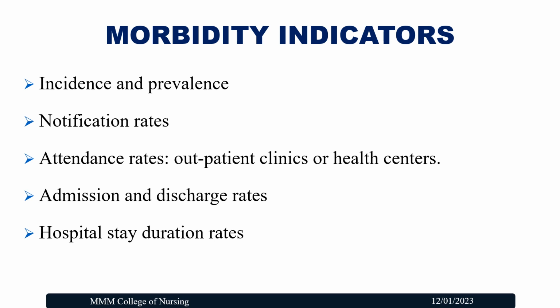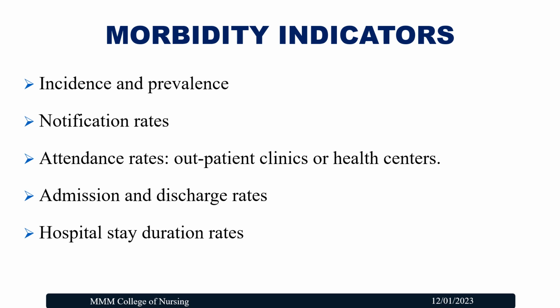Next, attendance rates, that is how many people are coming to the OPD at a PHC, community health center, taluk or teaching hospital. And admission and discharge rate, that is how many admissions or discharges happen per day or per month in a hospital.